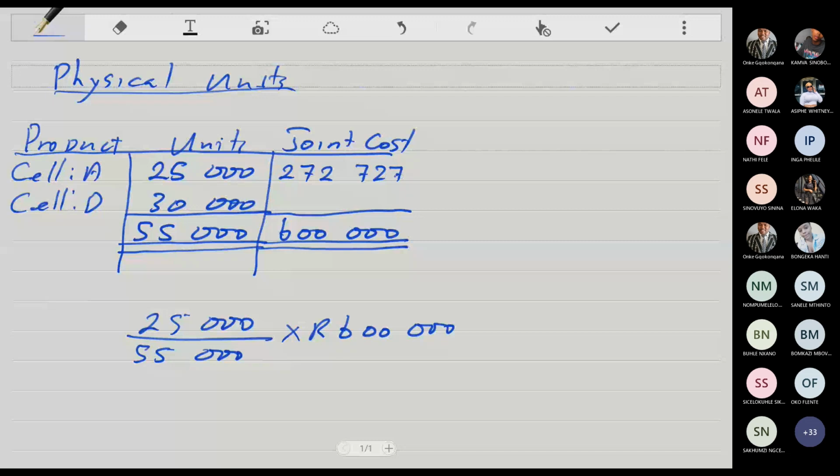272,727. So to get the share that will go to product B, again you take 30,000 divided by 55,000 times 600,000.